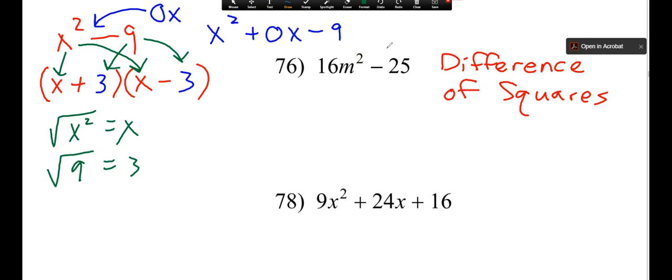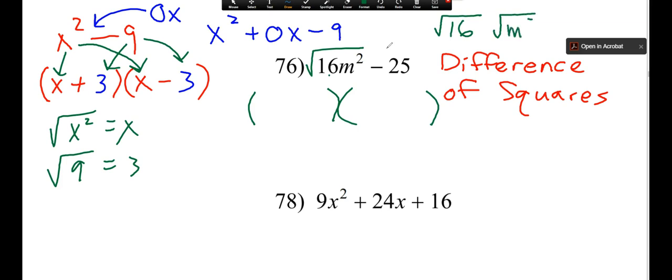Okay? Now, go over to question 76. We're going to do the exact same thing. What's the square root of 16m squared? 8m. Well, take it one step at a time. What's the square root of 16?